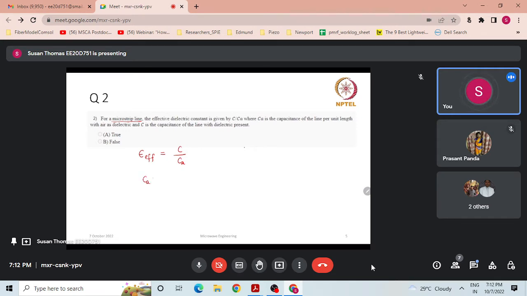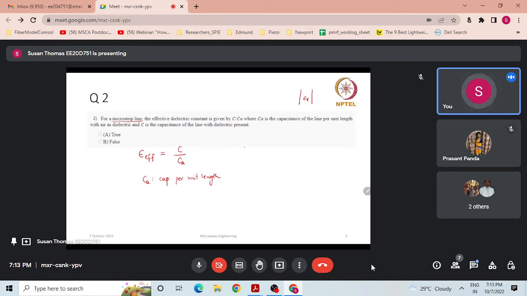capacitance per unit length with air as the dielectric. Say you imagine a parallel plate capacitor with a dielectric in between.